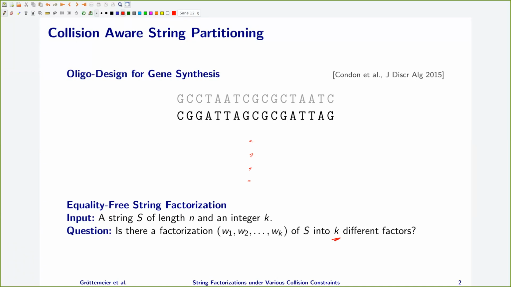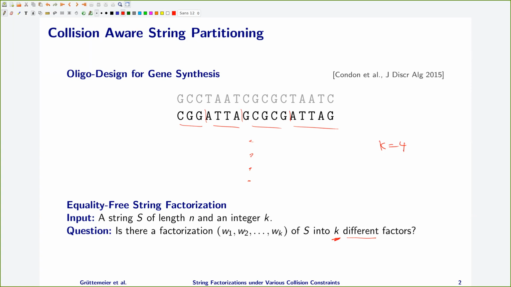In this talk, k will be the number of factors, not the length of the factors. And we want them to be all different. One such partition could be this one. No two strings are the same here, so this is a yes instance for k equals 4, for example.